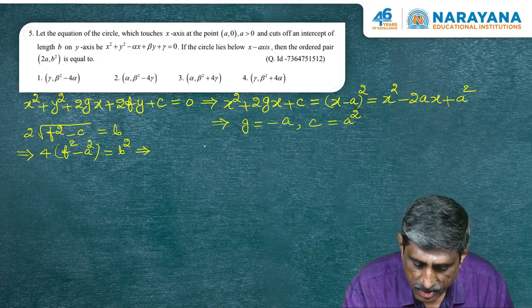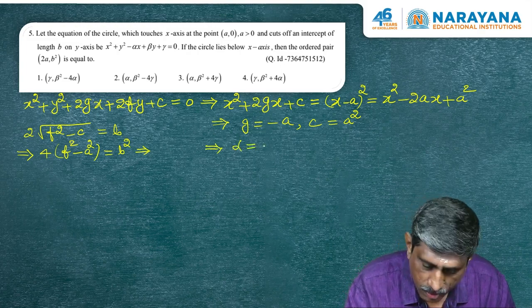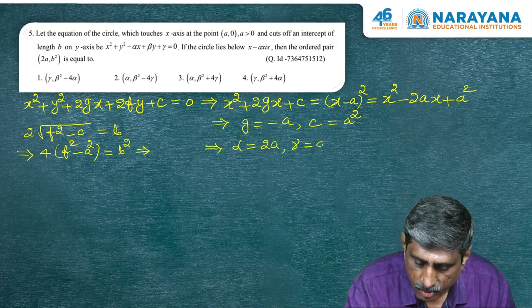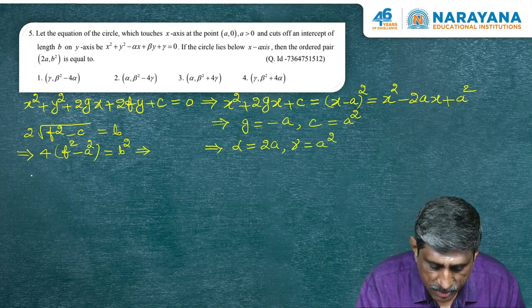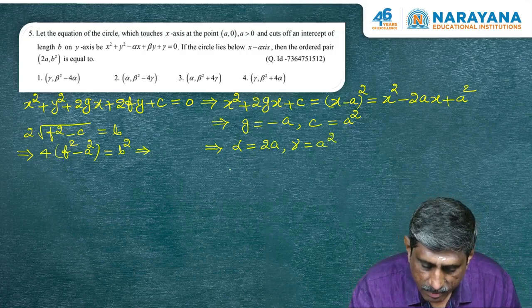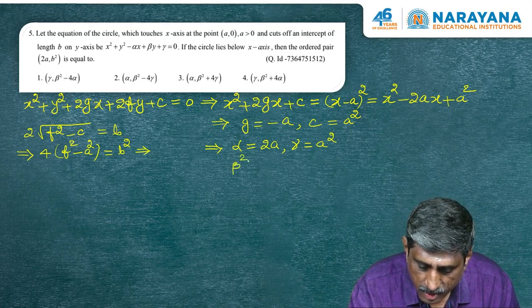From that we get alpha is equal to 2a and gamma is equal to a square, and beta is equal to b by 2.